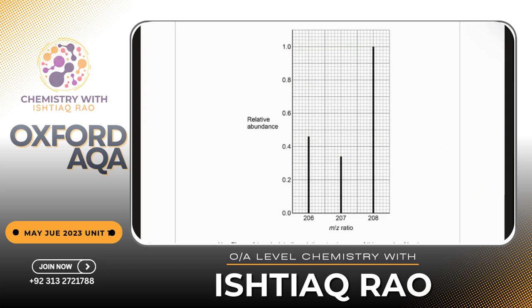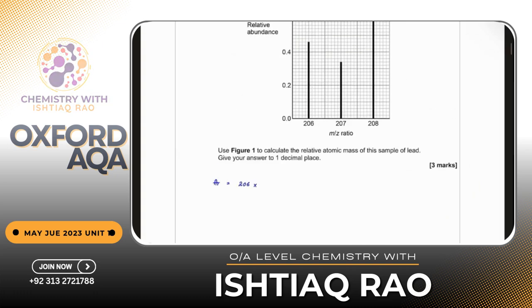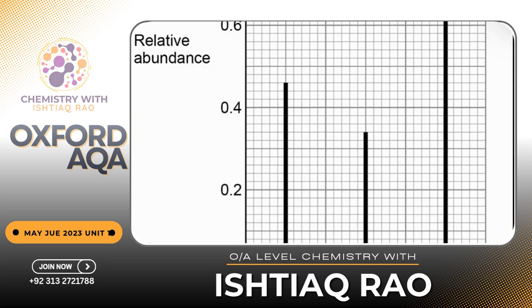So Ar is equal to isotopic mass. The first one is 206 multiplied by its abundance. If I look at the abundance, one small box is 0.02, so this is 0.5 and this is 0.6. So this is 0.45?